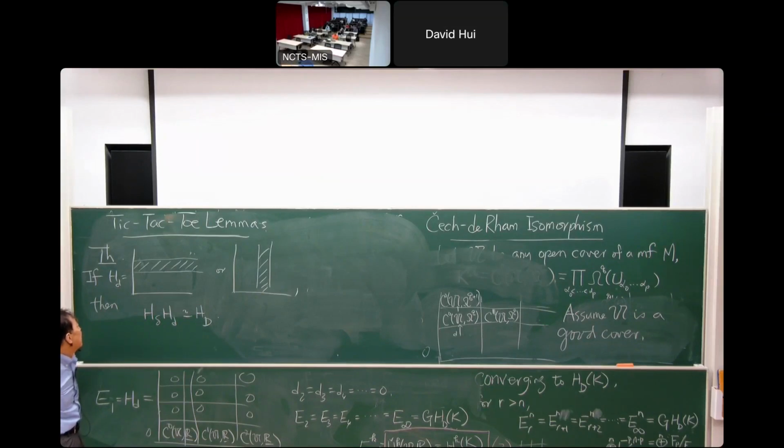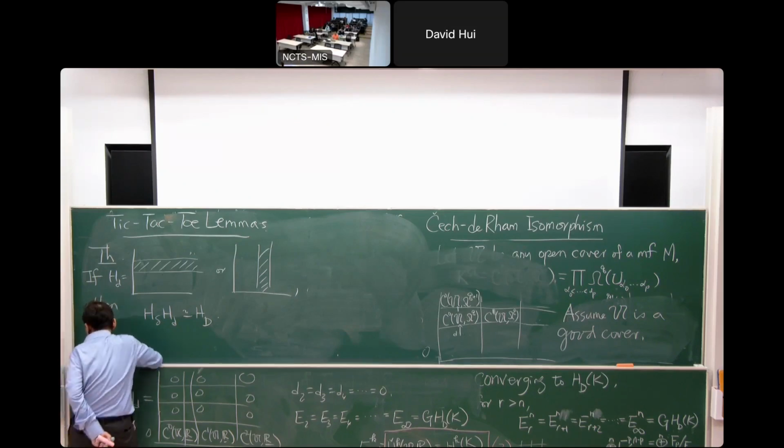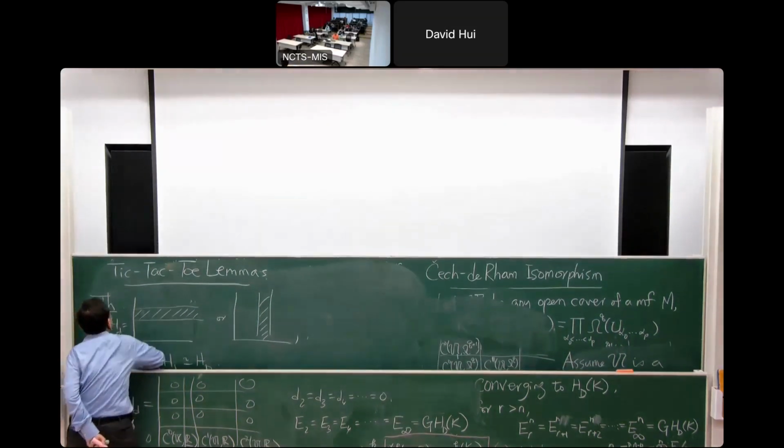And I think we did it for a first or second quadrant spectral sequence, but now I'm just working with first quadrant spectral sequences, so I will assume that I have a first quadrant spectral sequence.